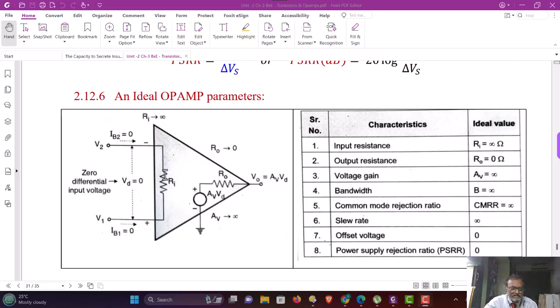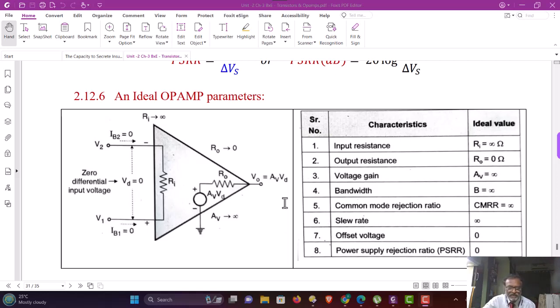Ri indicates the input resistance between the two input terminals. Ro represents the output resistance looking inside the output terminal, whereas AV into VD is the amplified output voltage by the amplifier, where AV is the voltage gain and VD is the differential input voltage.